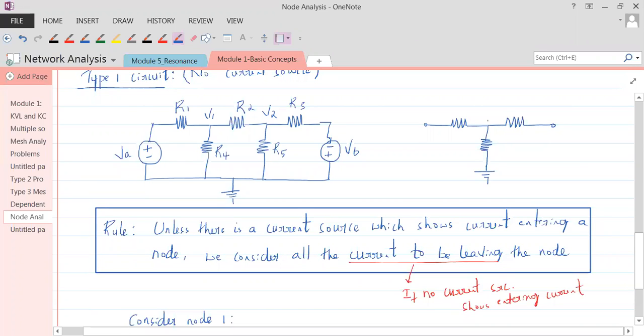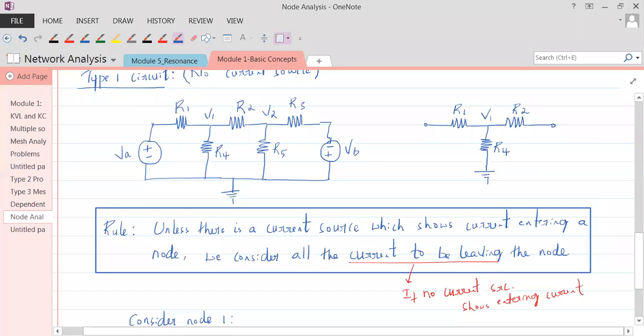Can you tell me what is there here? There is voltage V1. This resistor is R1, and what is this resistor? This is R2 and this is R4.